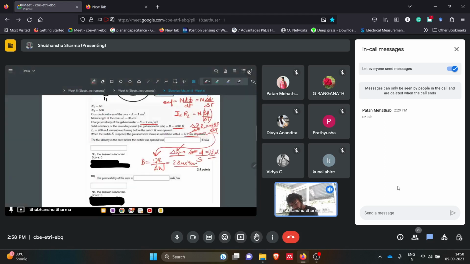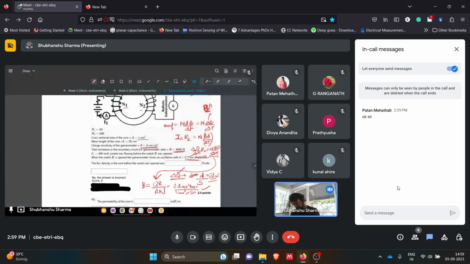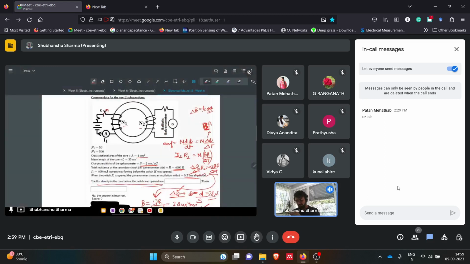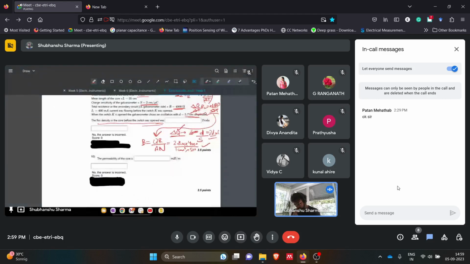The area of cross section we know, 1 centimeter square, so remember to change the units to standard metric units. Then N2 turns will be 500. So we can get the flux density B in the core before the switch was opened. This is just an application of what we studied in lectures, and you know the formula also.